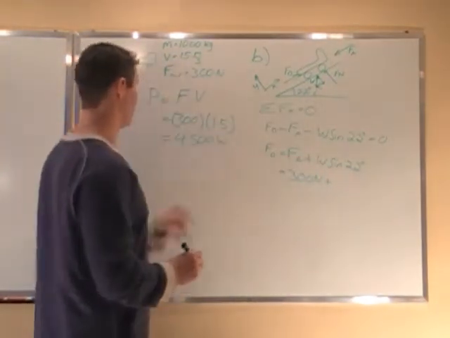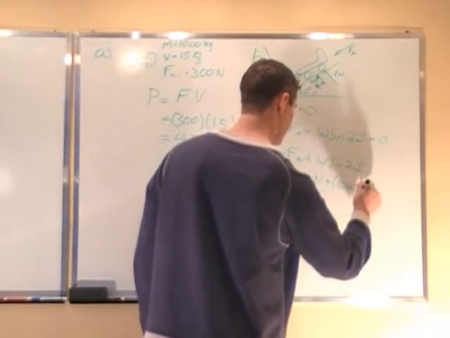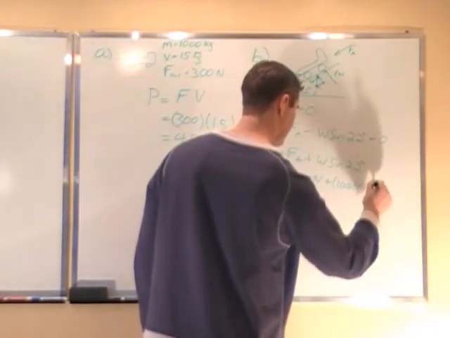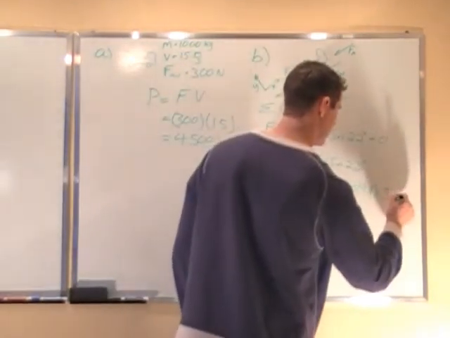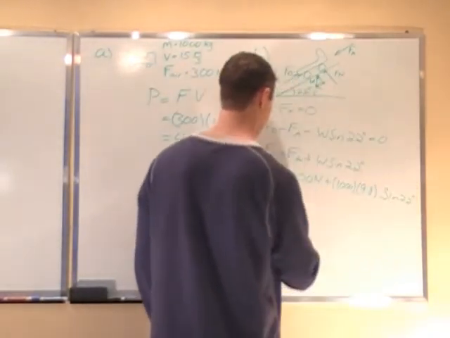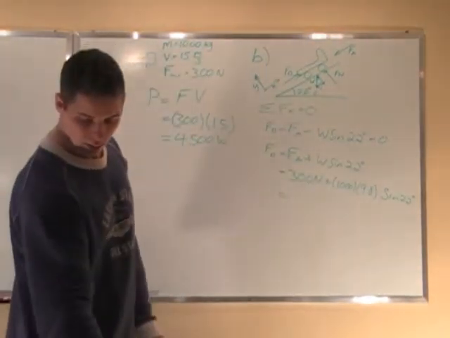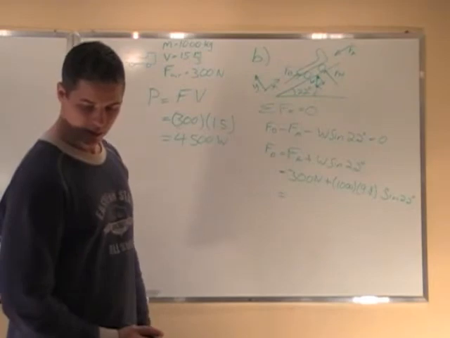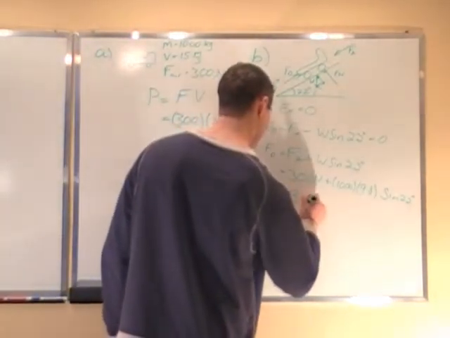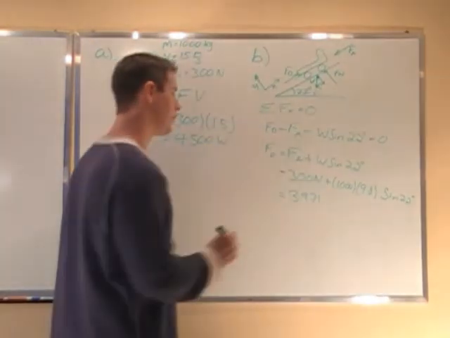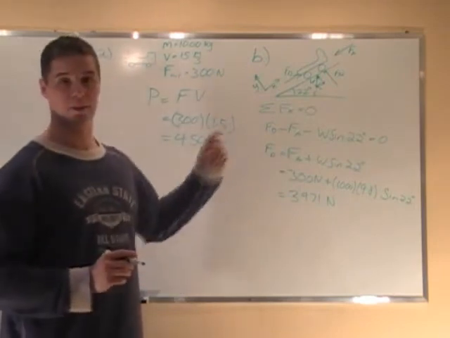The weight is m of 1,000 times g of 9.8 times sine 22 degrees. So I just multiply those, add up to 300, and that gives me a force of 3,971 newtons. That's the force required to keep this truck going.